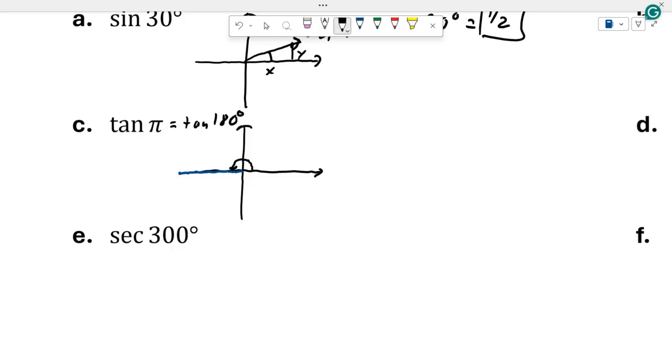So we are on the negative x-axis, and our coordinates are, say, right there. And I want to know, what are my x and y coordinates at pi radians? Well, notice that I'm on the x-axis. So if I want my x coordinate from the origin, I just went straight to the left, and I didn't go up or down at all.